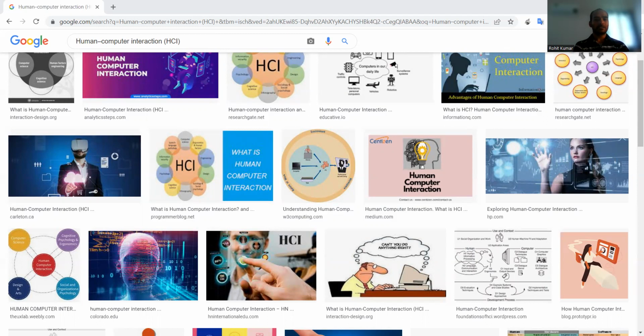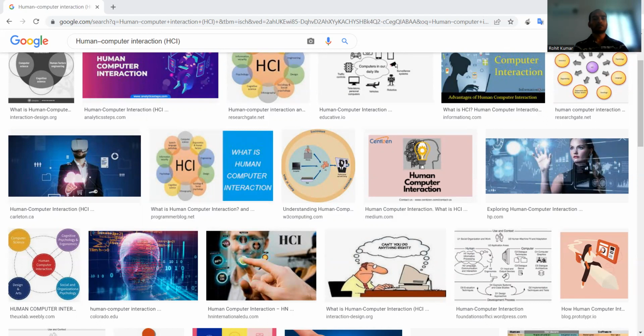Now, when we say that we are focusing on the interfaces, what are the other related things? There are multiple models and principles, including memory principles, associated with the domain of human computer interaction. But when we discuss the key focus areas of this domain, you'll get to know the things in a better way.